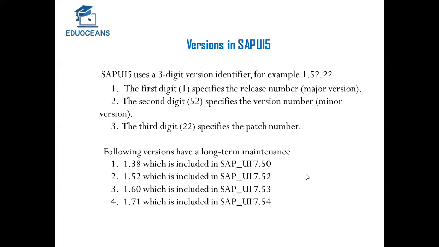As soon as we upgrade to 7.53 or 7.54, the UI5 version will get upgraded. As of now the latest is 1.71, which is the stable version, and SAP has already provided long-term maintenance for it, so we can use it over any other versions. These are the versions in SAP UI5.